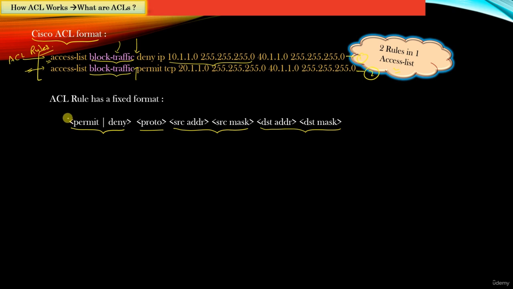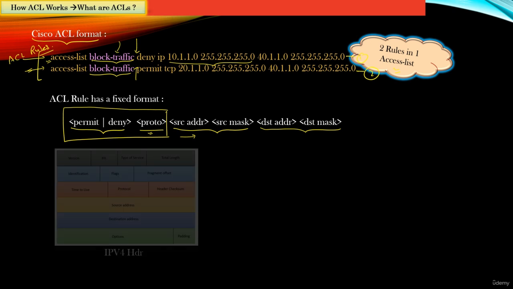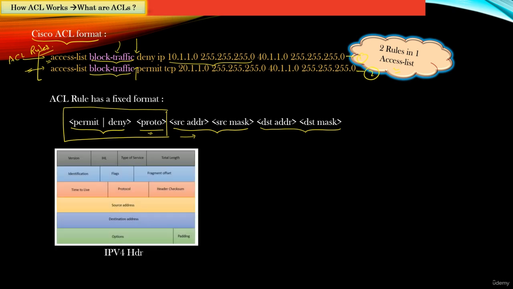You can have an ACL rule which says permit or deny, including the protocol only. So specifying the protocol is mandatory. After that, everything is optional. Once a packet arrives into your box, and if you have an access control list configured, you extract the destination address, the source address, and the protocol value from the IP header of the packet.